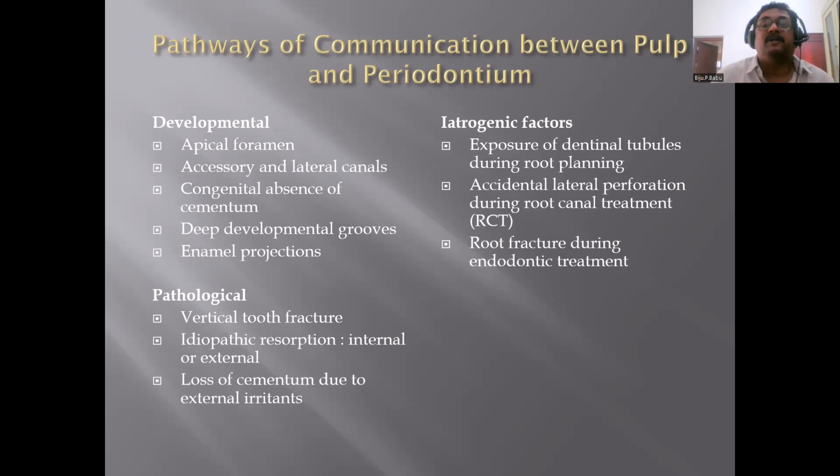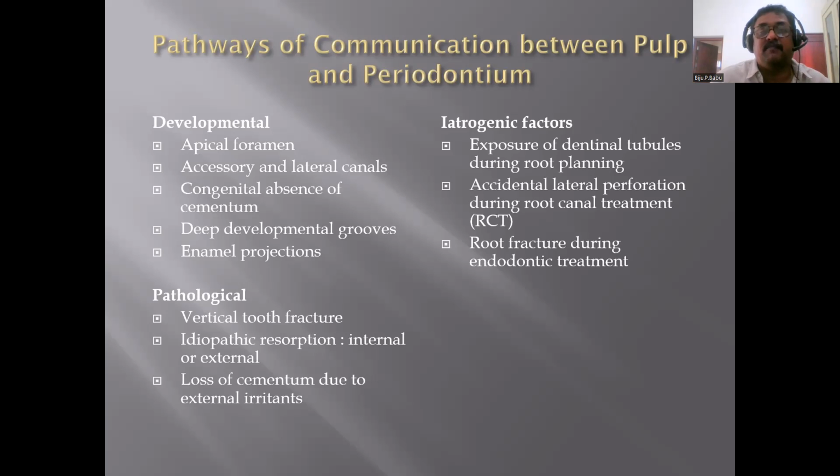Now, coming to the pathways of communication between the pulp and the periodontium, you have different pathways which are developmental, pathological, and iatrogenic. In the developmental pathway, as you all know, the apical foramen is the main path of entry and exit of the tooth. The pulp communicates with the periodontium through the main entry, that is the apical foramen.